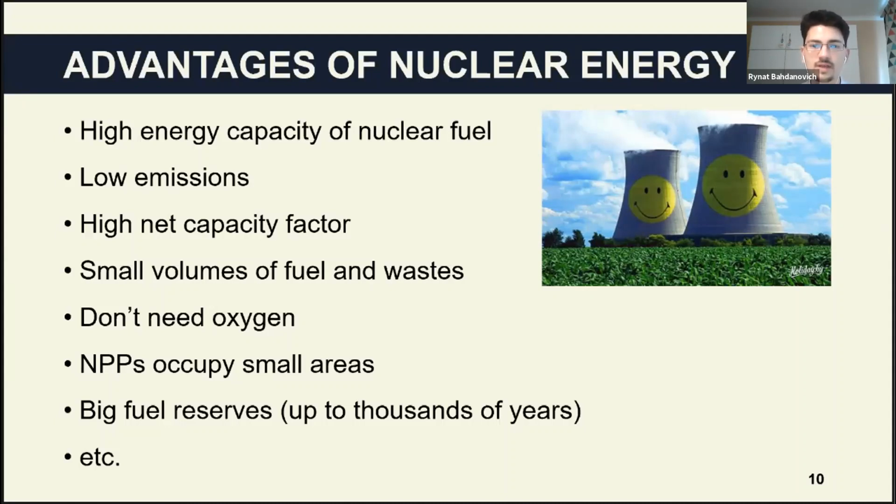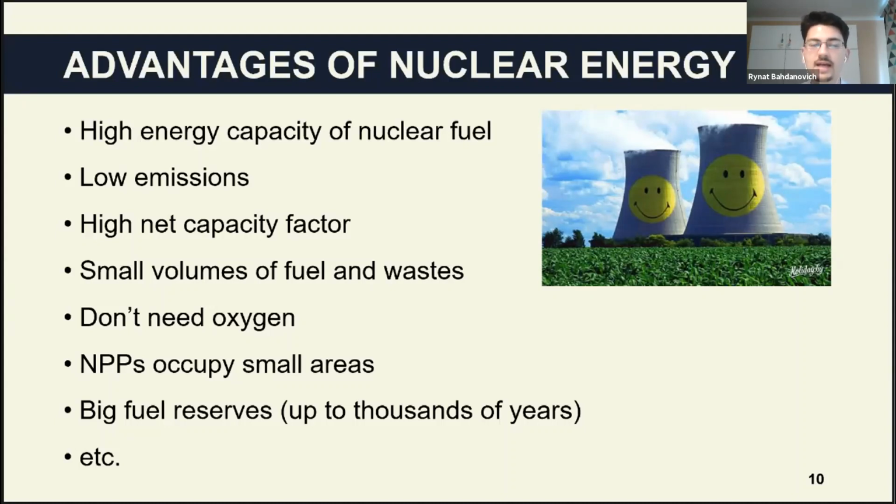These 4 points I will describe in detail later. Nuclear power plants don't need oxygen. For example, a coal power plant absorbs about 25,000 tons of oxygen per day, which is equal to that produced by a forest with the size of Moscow.